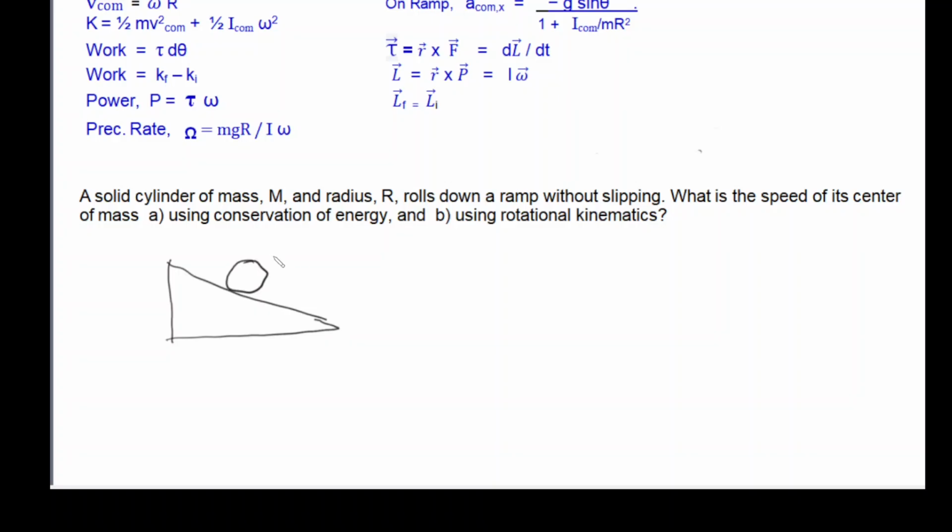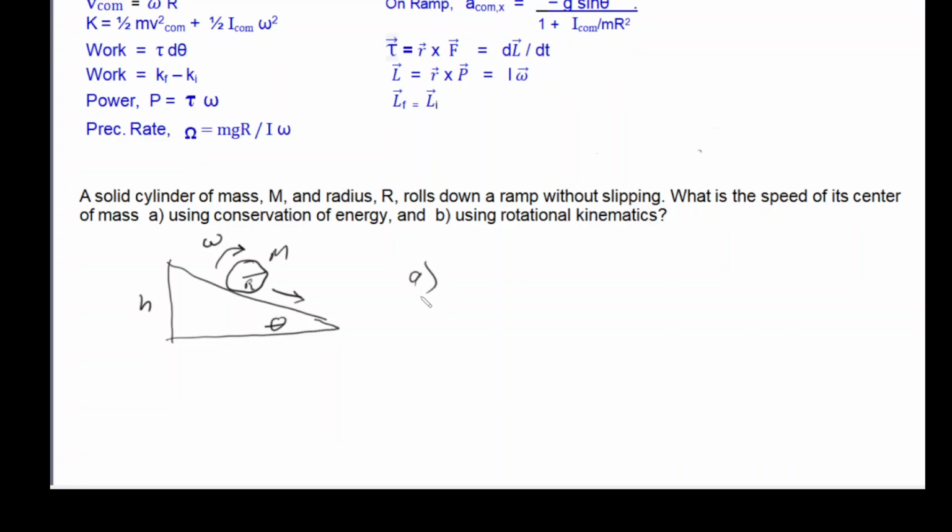The cylinder is mass m, radius r, and it's rolling down the ramp with an angular velocity of omega. Its height starts at h, and the ramp is at an angle theta.